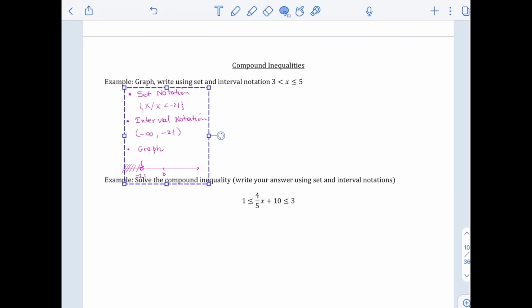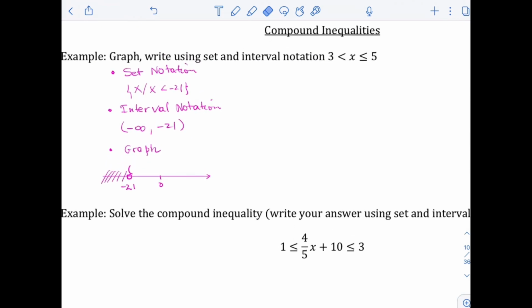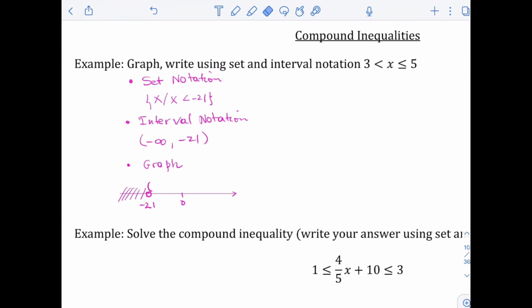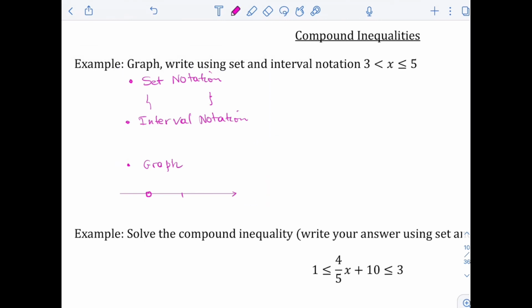They want me to give the set notation, the interval notation, and then the graph. So we start at 0, obviously.